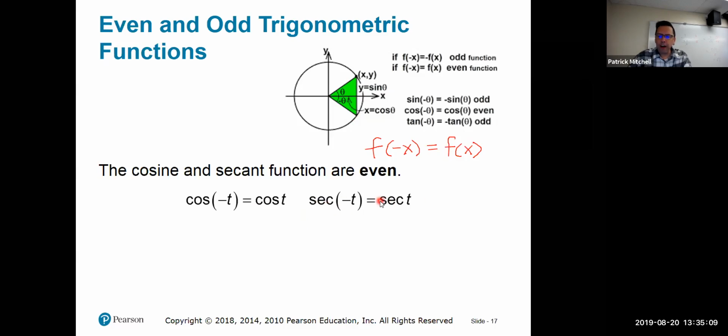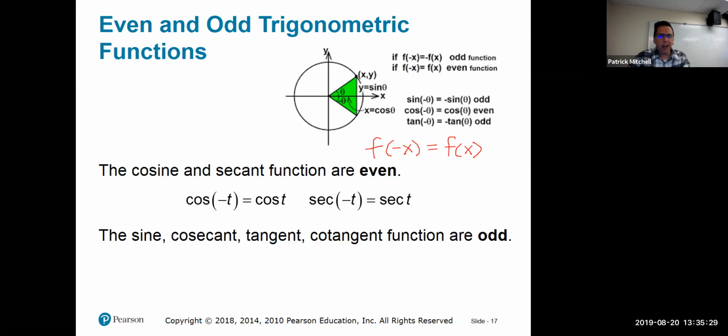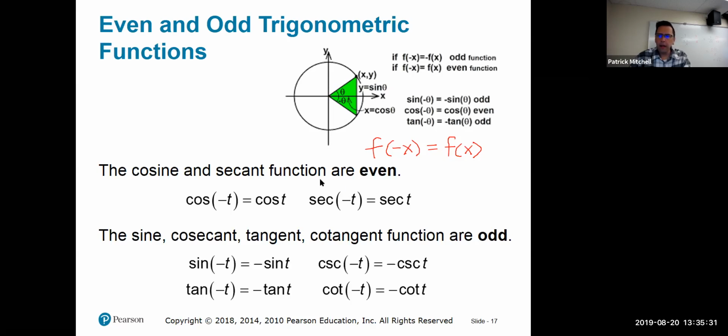The secant function is even because the secant is just 1 divided by x, all right? So if the x is not changing, then the 1 over x is not going to change either, okay? So those two functions are even. It turns out, interestingly, that the other 4 trig functions are all odd, all right? Let's talk about sine.